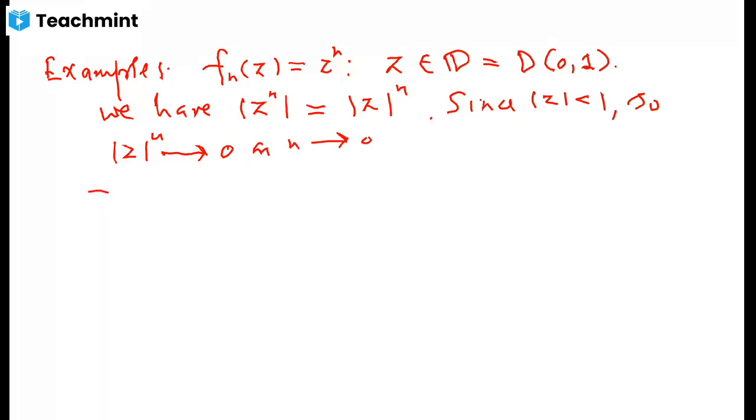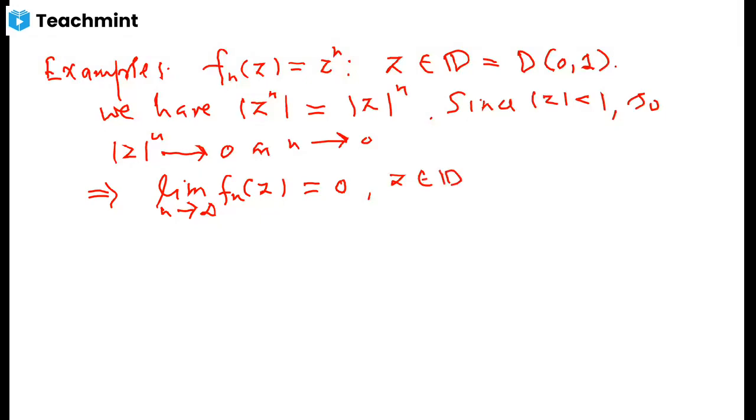This implies that this sequence of functions is a pointwise convergent sequence. And what is the limit? The limit is 0, whatever z you take.